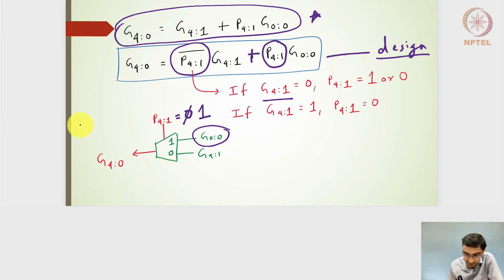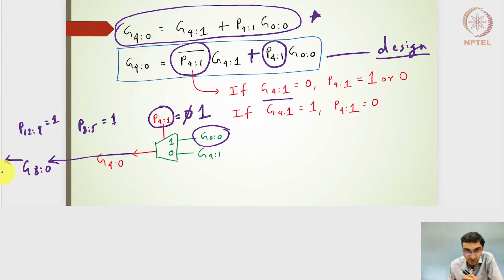Similarly, if I have P8 is to 5, simultaneously generated when P4 is to 1 is generated, and if it is 1 here, it will pass this 4 is to 0 to the output here as G8 is to 0. And similarly, if I have 12 is to 9 as 1 here, it will pass G8 is to 0 to the next output of the multiplexer.